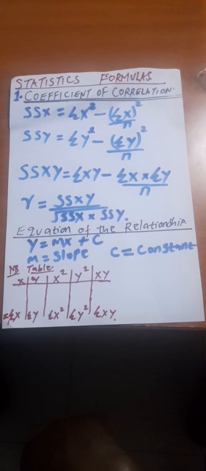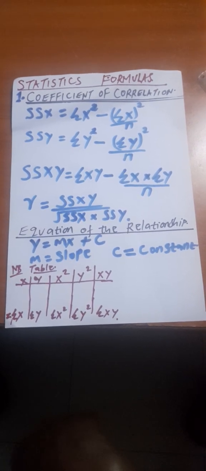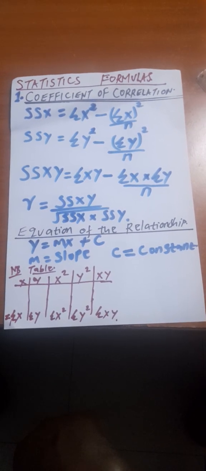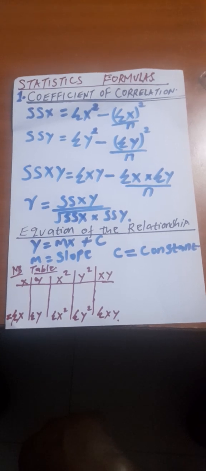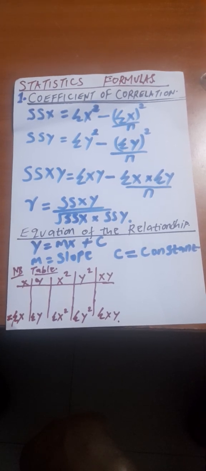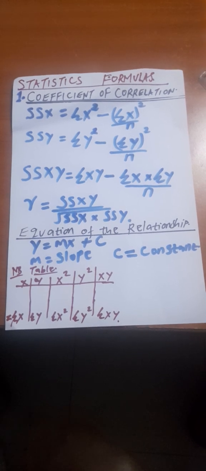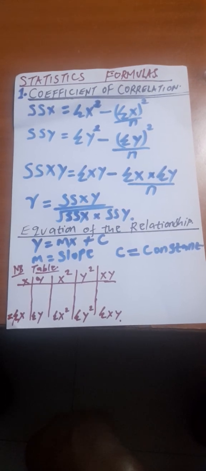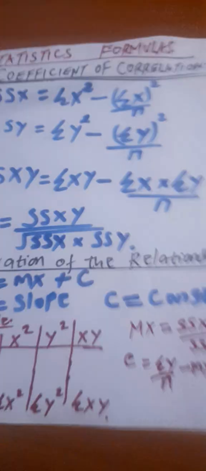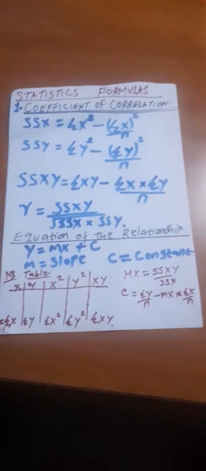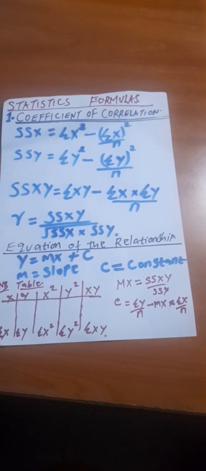Then you may be told to find the equation of the correlation. That is y equals mx plus c, where c is the constant and m is the slope of that curve, which you now calculate. So how do we find m?